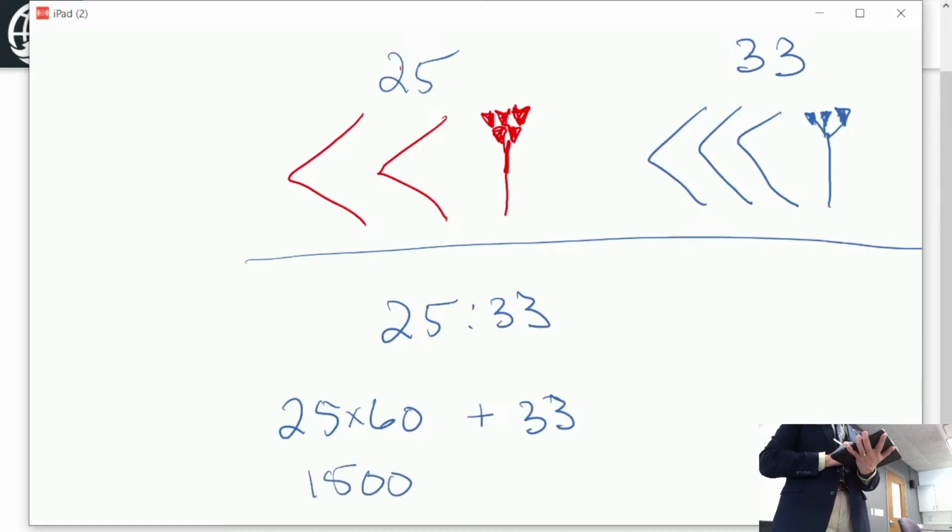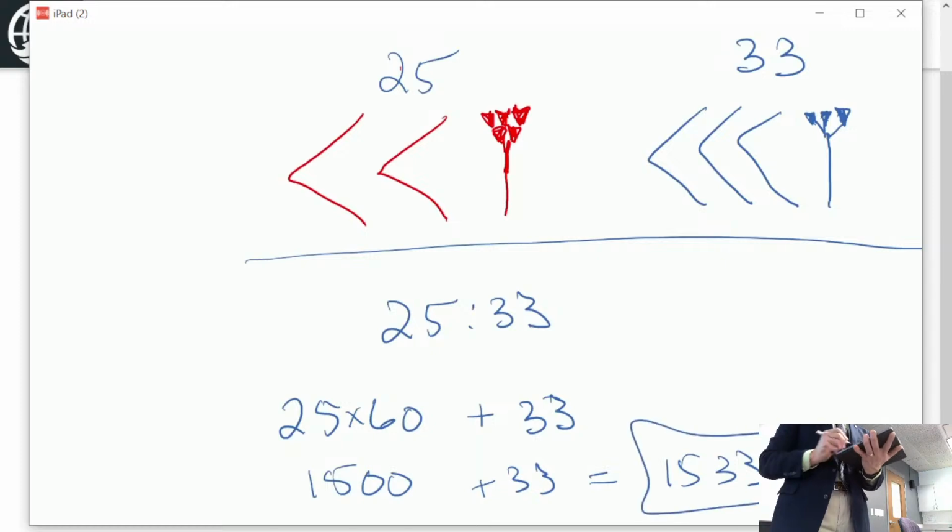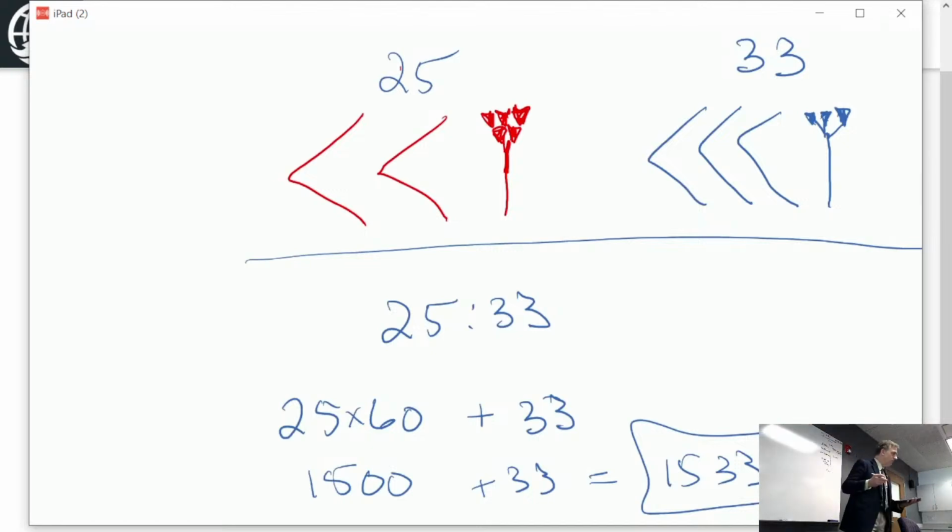Oh, I didn't have the right number of zeros. Plus 33, so 1533. Beautiful. So that's pretty much it. So turning Babylonian numbers into our numbers feels pretty familiar because we were just doing time.